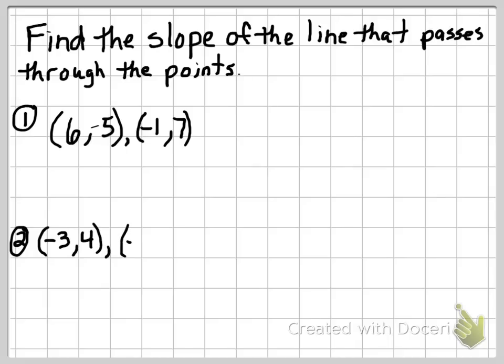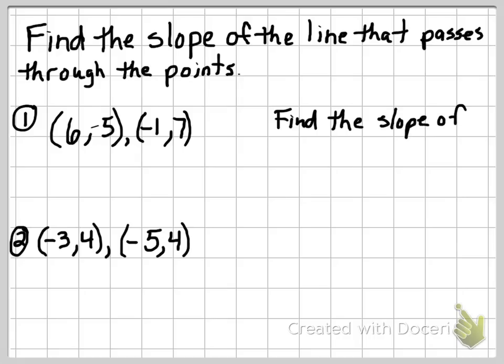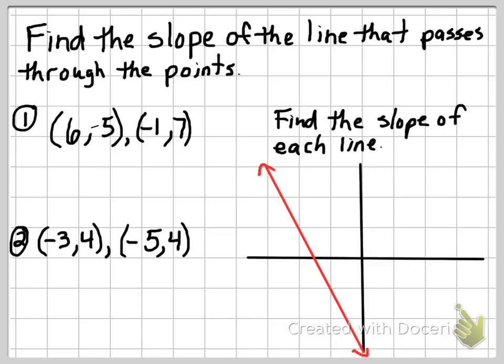The second line goes through the points (-3, 4) and (-5, 4). And you're going to find the slope of each of these lines.